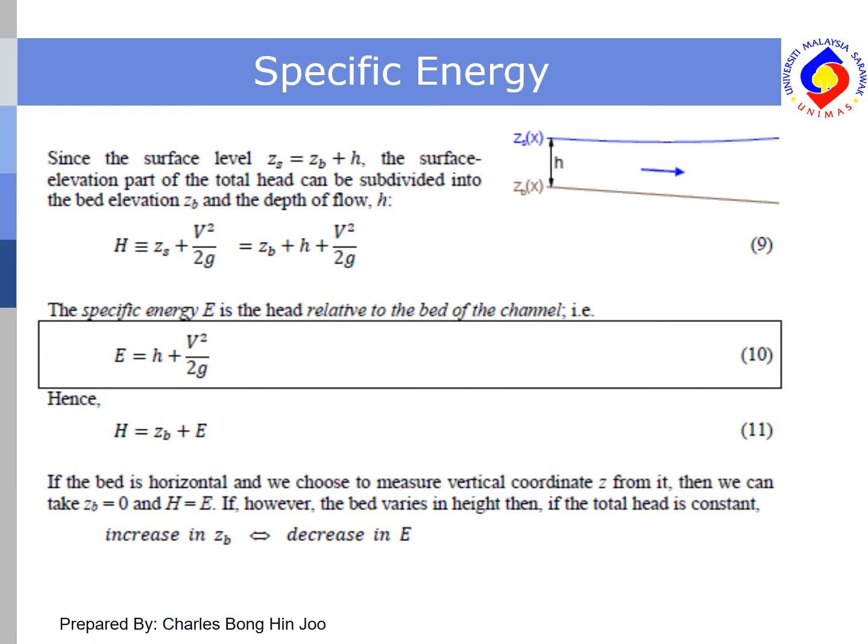In this case, your H will be equal to E. If, however, the bed varies in height, then the total head is constant. With the assumption that the total head is constant, the increase in Zb will result in the decrease in the specific energy E.